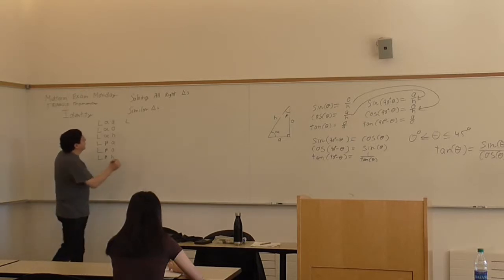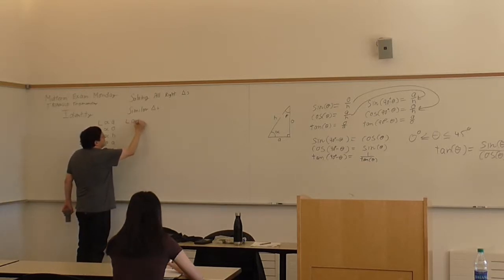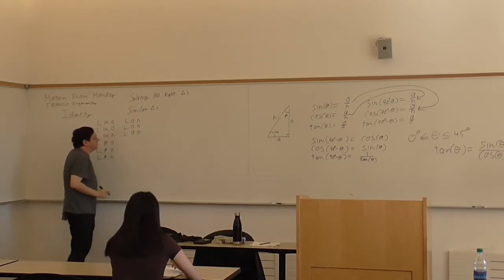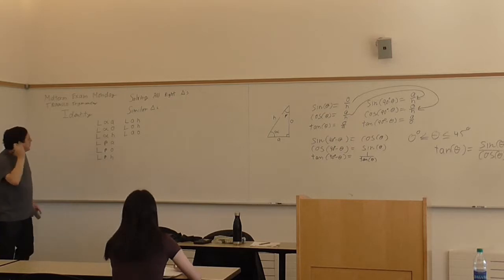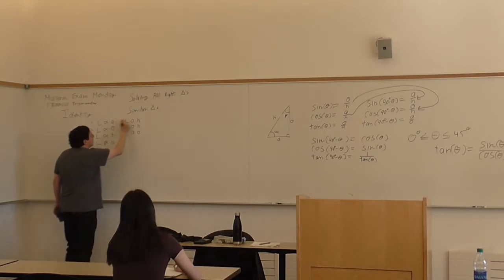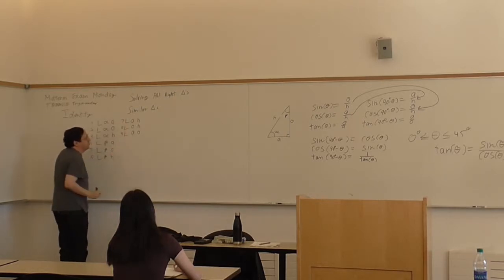That could be the adjacent and the hypotenuse, the opposite and the hypotenuse, or the adjacent and the opposite. So we've got 1, 2, 3, 4, 5, 6, 7, 8, 9 cases here.